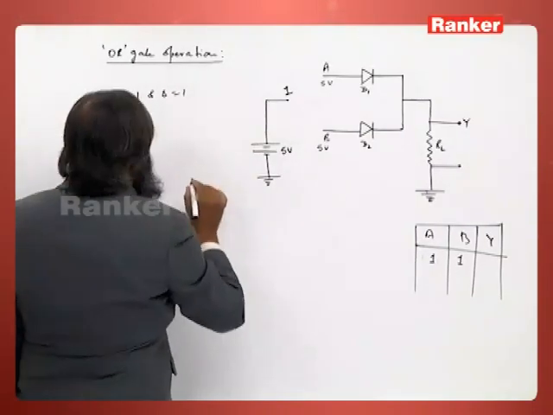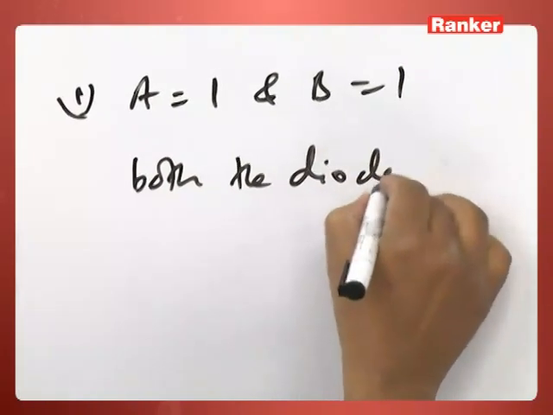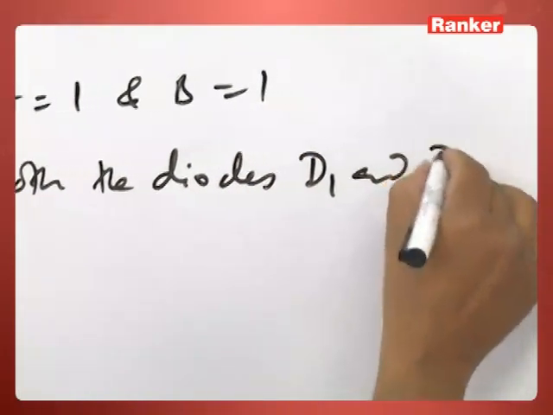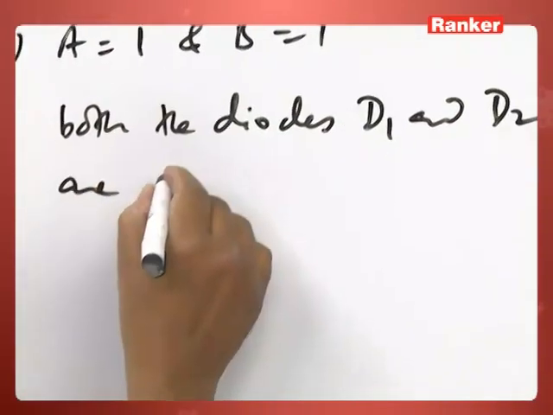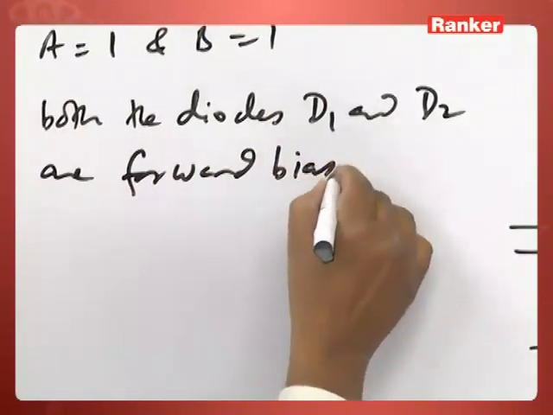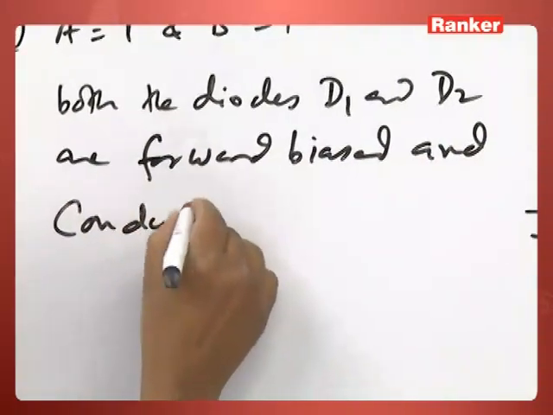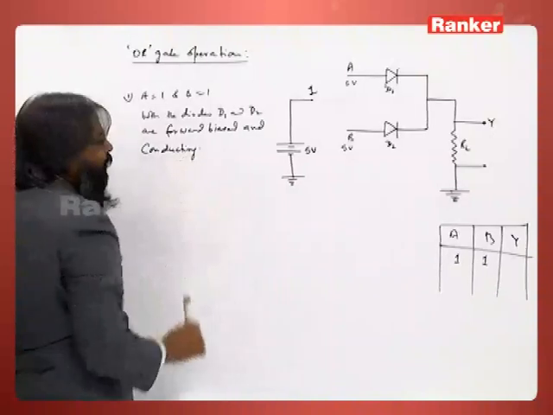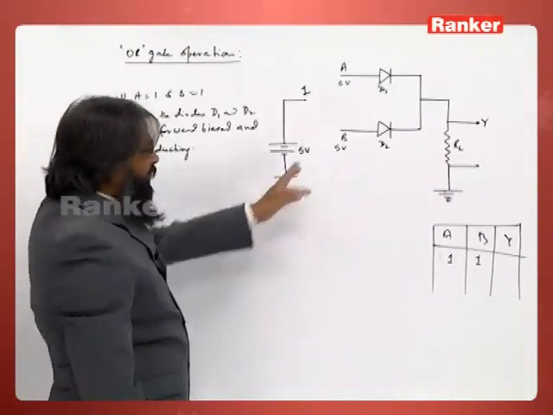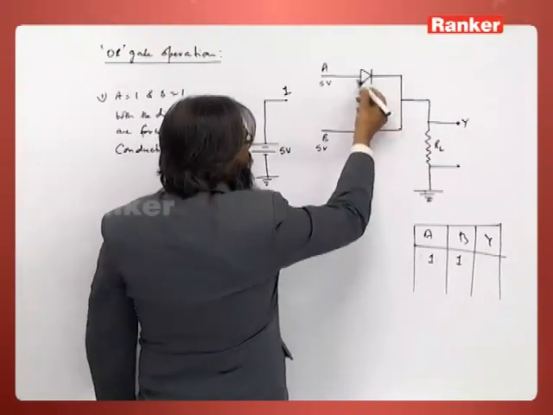So for the first one, A is given 1 and B is given 1. 1 means 5 volts. Both the diodes D1 and D2 are forward biased and conducting. When they conduct, you see this forward resistance is very less.